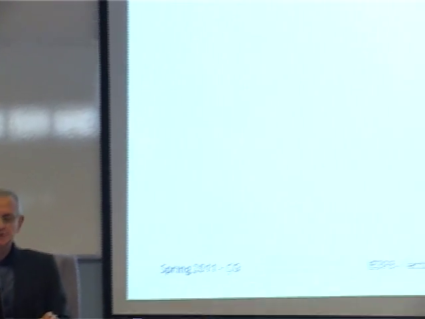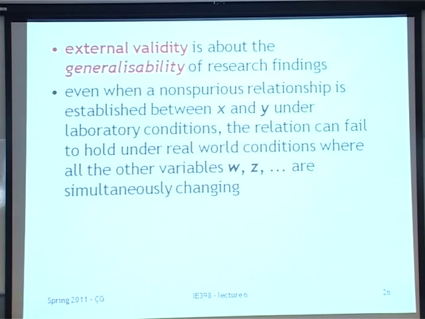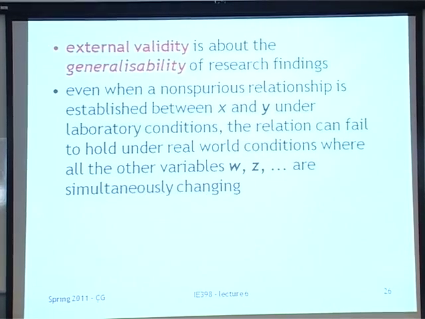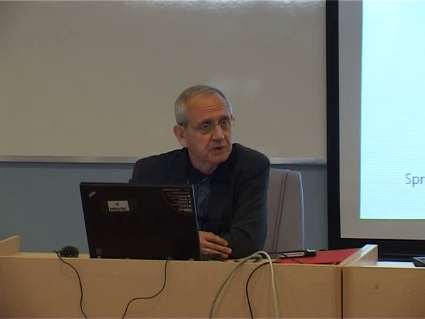Now let's switch to the next component of validity, which is external. This is also called generalizability of research findings. Suppose that we have been able to establish a non-spurious relationship between X and Y. Even when a non-spurious relationship is established between X and Y under laboratory conditions, the relation can fail to hold under real-world conditions.